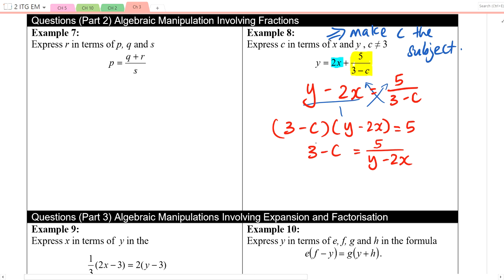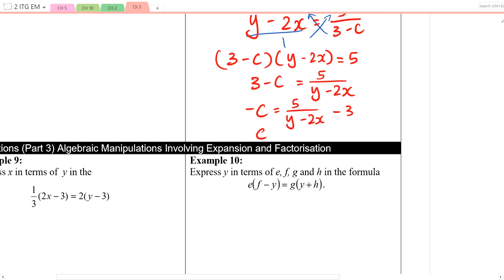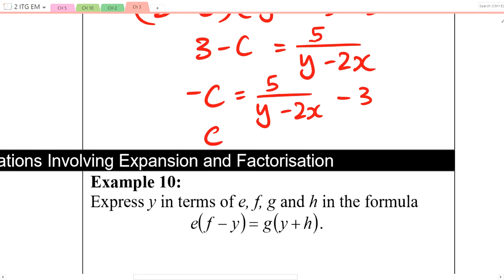Now I want to get rid of this 3 over here. I will subtract 3 on both sides. So negative c equals 5 over y minus 2x minus 3. And for the last step, I do not want the negative sign, so I'll multiply everything by negative 1, leaving me with c equals 3 minus 5 over y minus 2x.